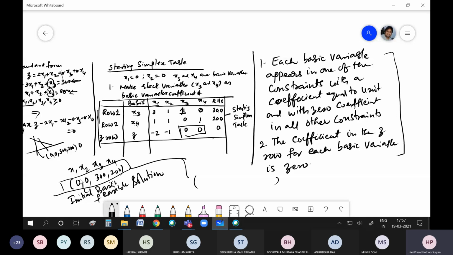Let me say I make x1 a basic variable. Then for it to become a basic solution, I have to force one of either x3 or x4 to 0. If I make x1 or x2 non-zero, let us say I make x1 as 50, because I have this solution as a basic solution?